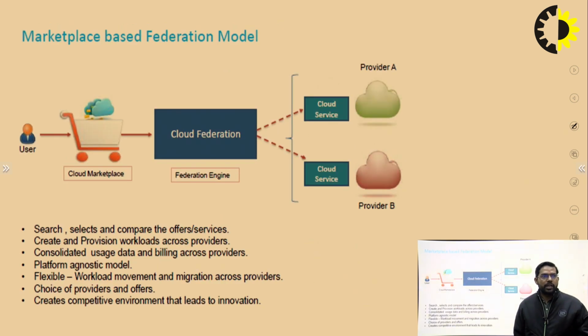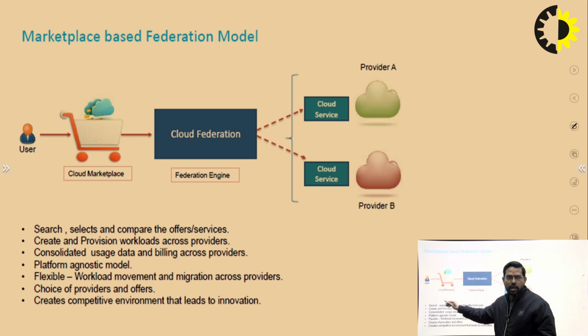Next one is the marketplace-based federation model. Here the user accesses the cloud marketplace.